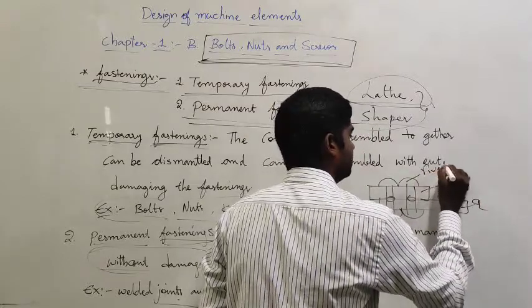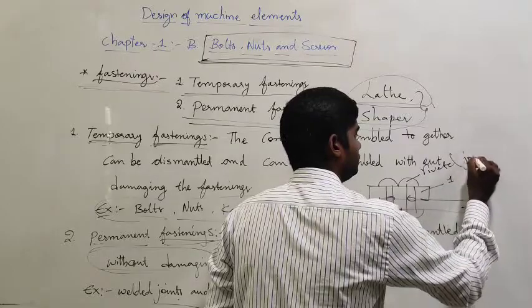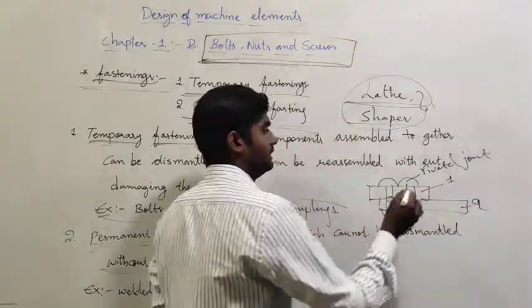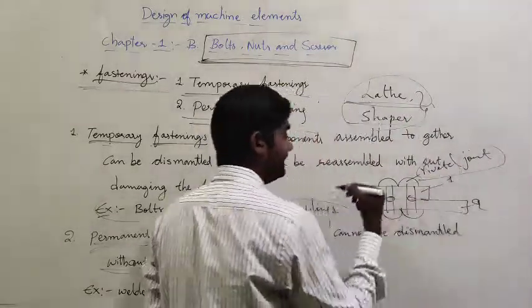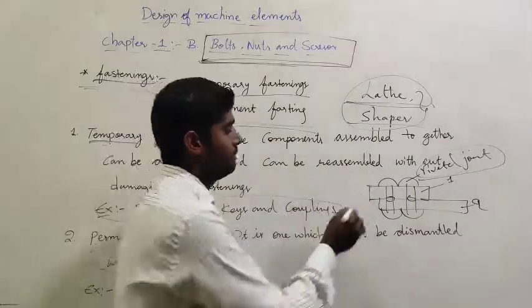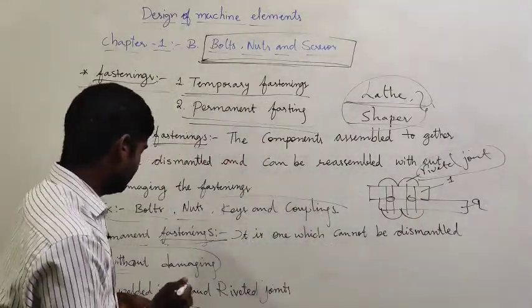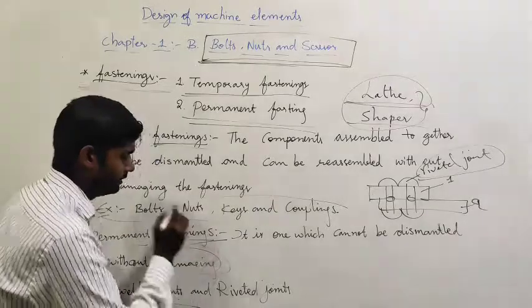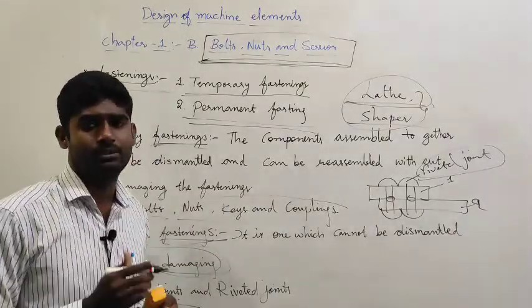This is a riveted joint. Using these riveted joints, after dismantling these two plates, damage occurs. That is called permanent joints.